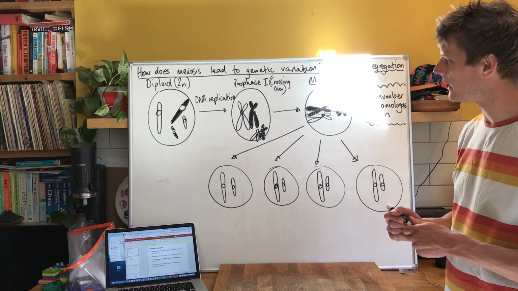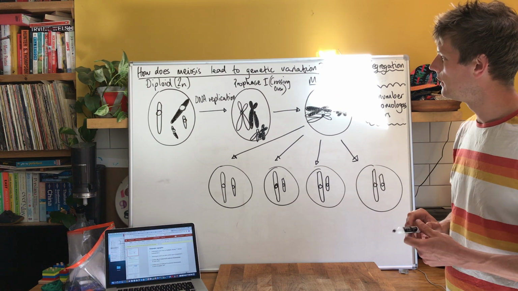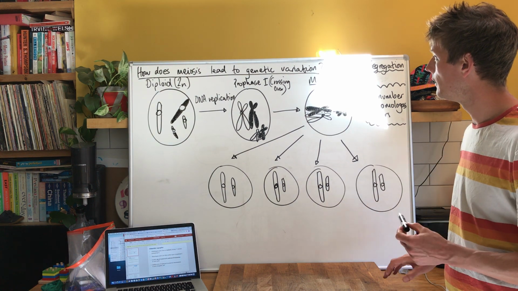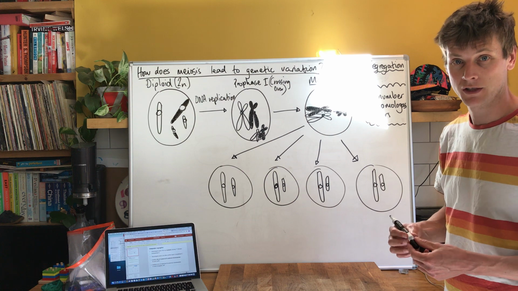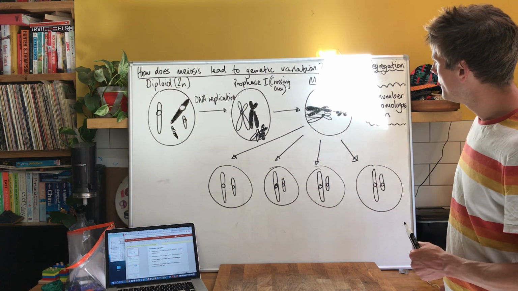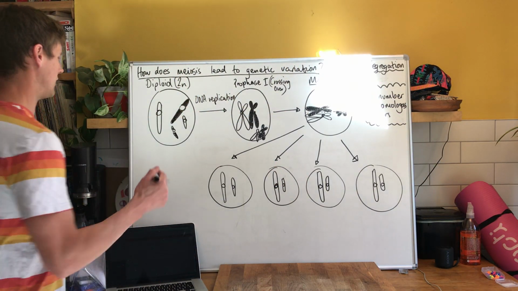So I gave you a phrase that I use for crossing over. I said during crossing over, the maternal and paternal alleles are exchanged or mixed. For independent segregation, I use a similar sentence, but it's slightly different.